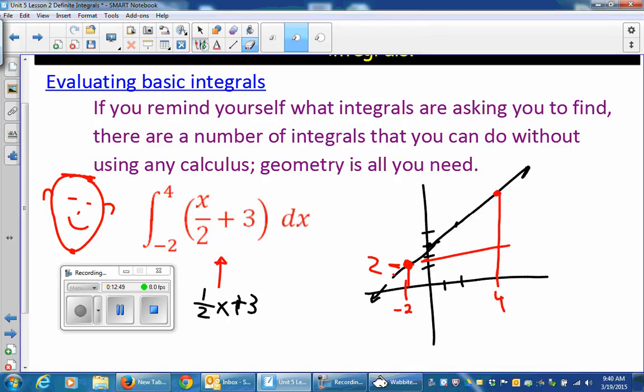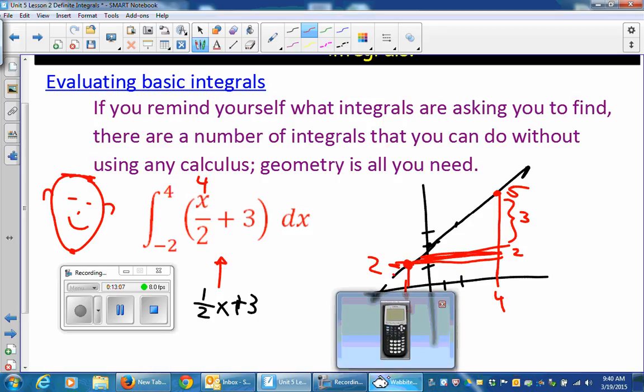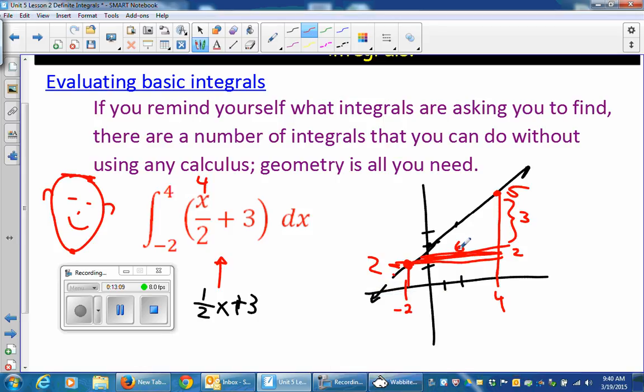You plug in 4, 4 over 2, 2 plus 3, 5. So then, for this triangle, what's that height? 3, because you're going from 2 to 5, so that's 3. What's your base? 6. So 6 times 3, divide by 2, 9.